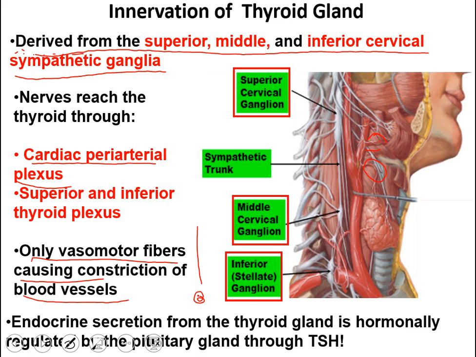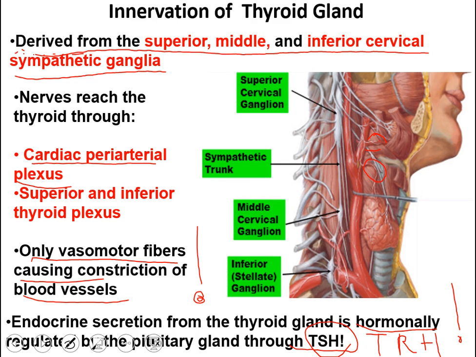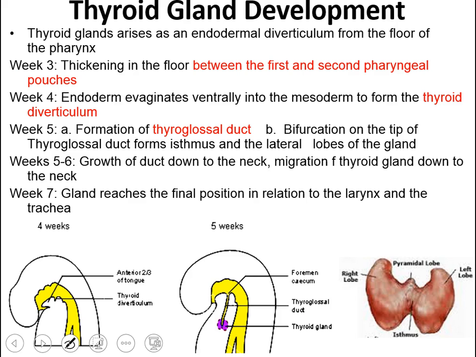Endocrine secretion from thyroid gland is hormonally regulated by pituitary gland or hypophysis and also hypothalamus through secretion by those glands and structures of specific hormones which are called thyroid stimulating hormone and thyrotropin releasing hormone. You will learn this eventually in physiology. That's pretty much all about anatomy.